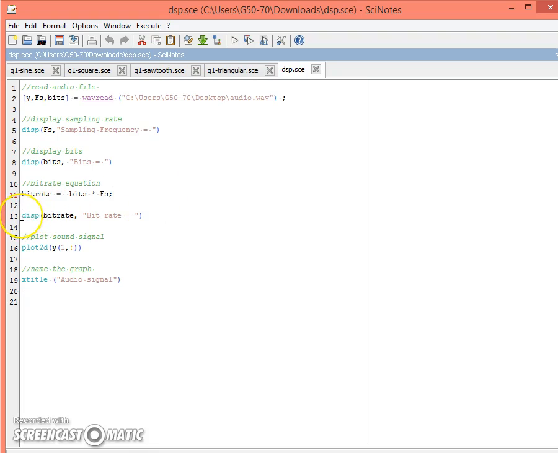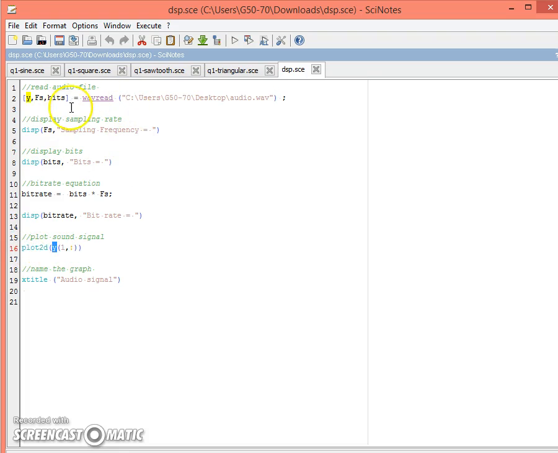Next we display the bit rate with disp. And next we plot the sound signal by using plot2d of y.